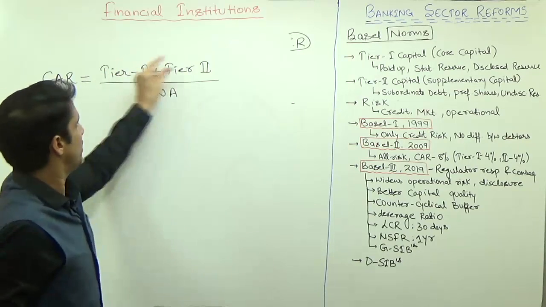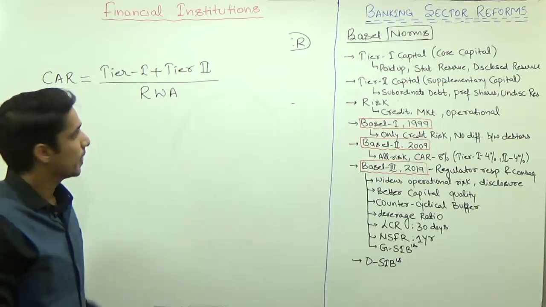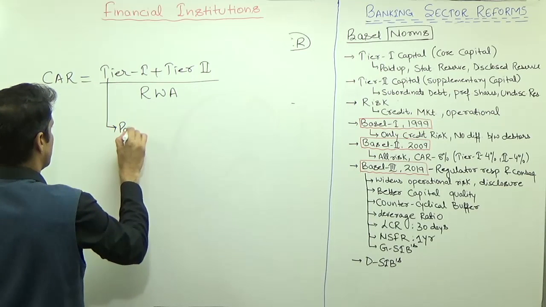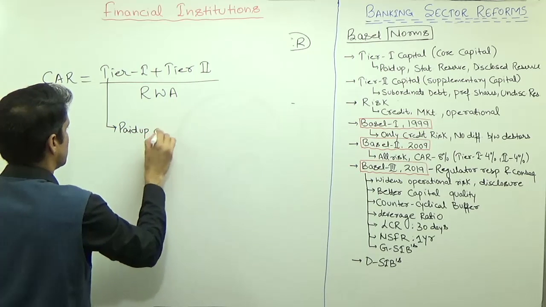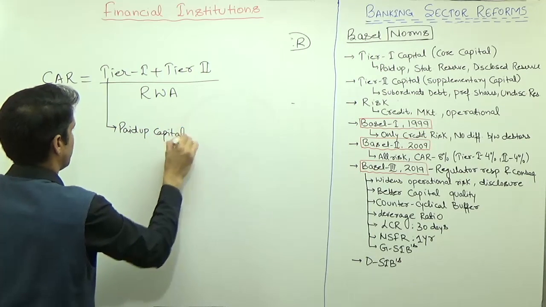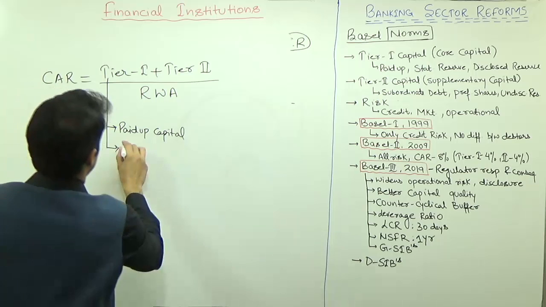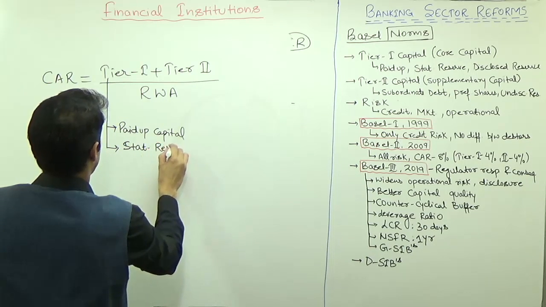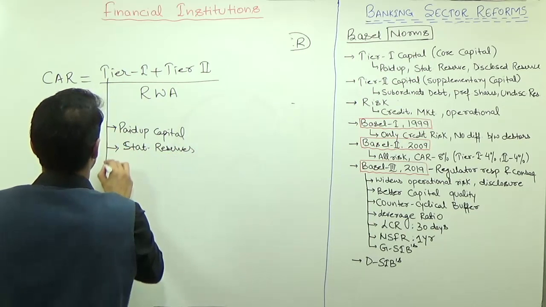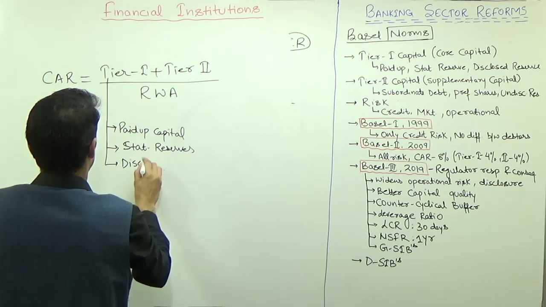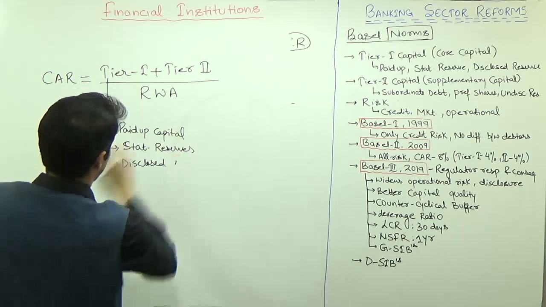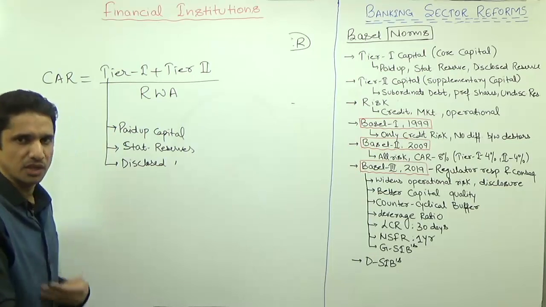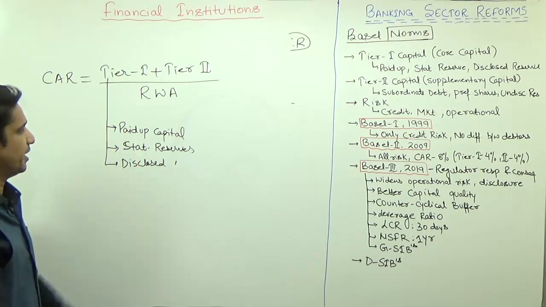But tier 1 capital itself is made up of paid up capital, plus statutory reserves, plus disclosed reserves. So what exactly does paid up capital mean? The promoter's money. When you want to start a company, your own fund is known as paid up capital.